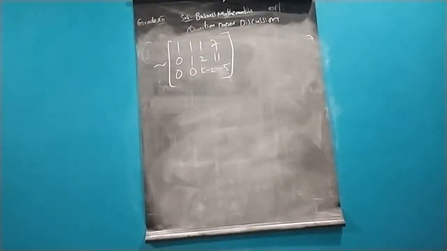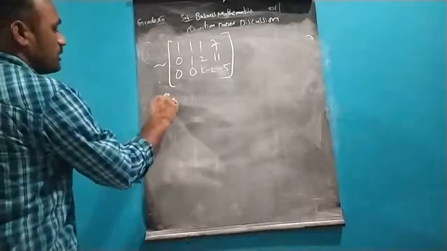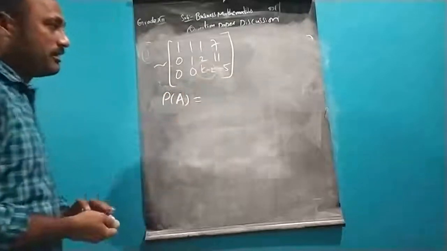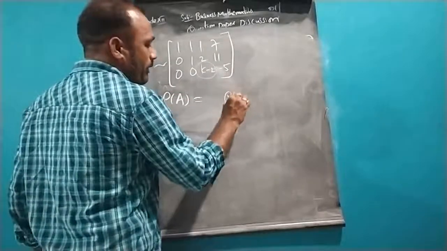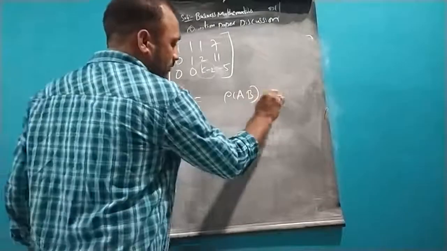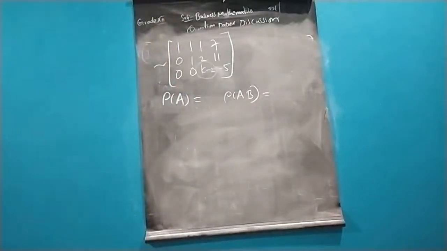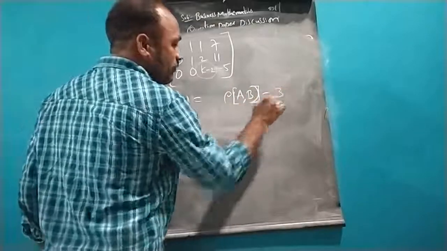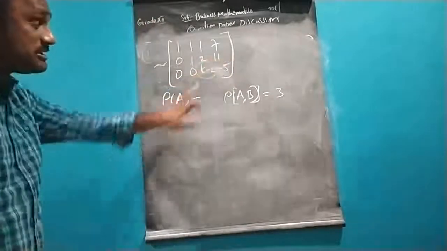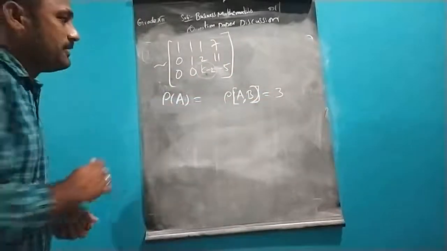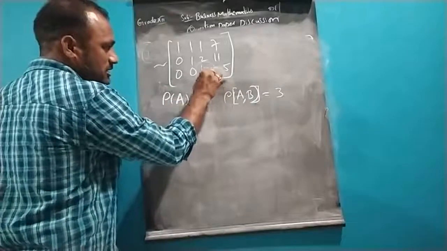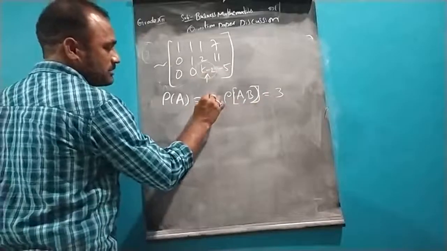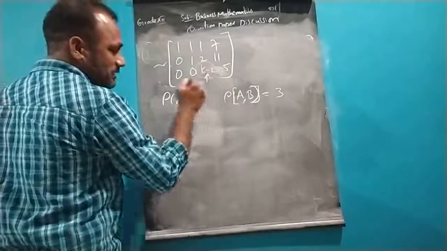Definitely k minus 2 must be equal to 0, because it is the only value that is not defined. The rank of the augmented matrix A comma B will be 3, because there is a nonzero number in the last column, so even if this entry is 0, the rank will be 3. If it is not 0, then the rank of the matrix will be equal to the rank of the augmented matrix. So definitely the rank of matrix A must be 2.